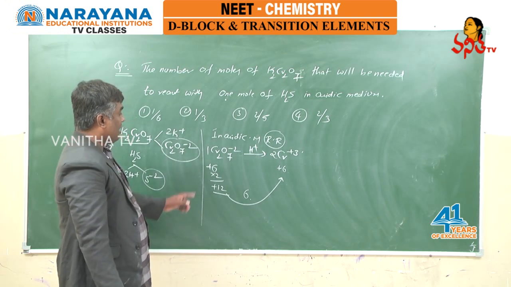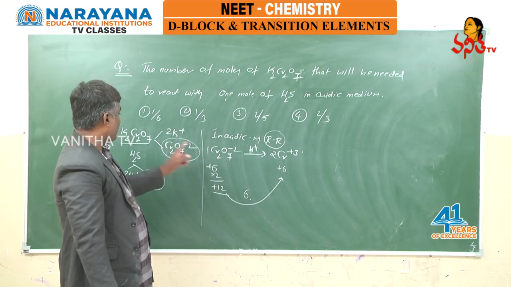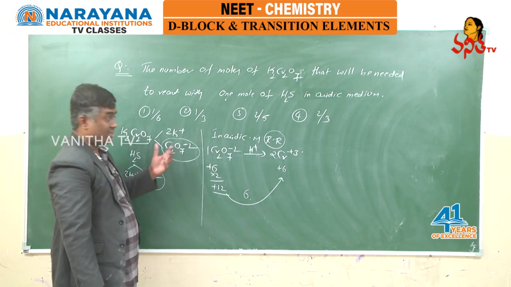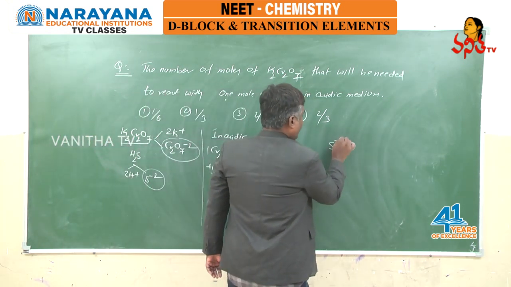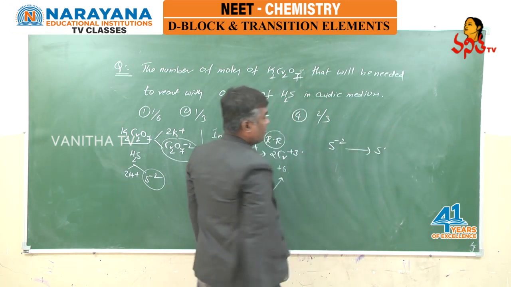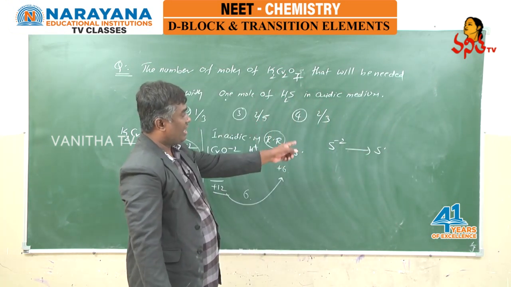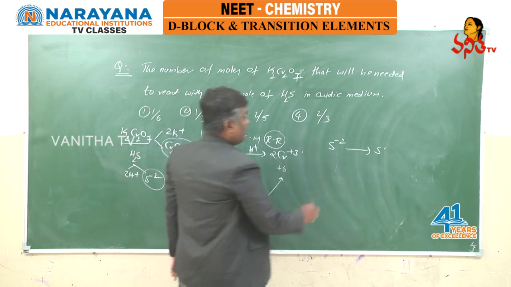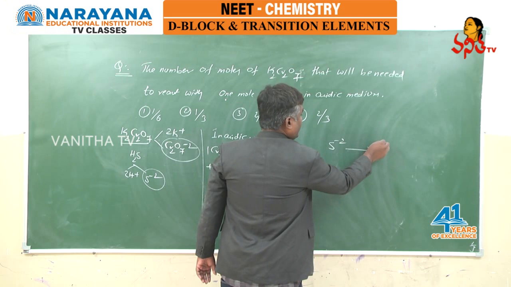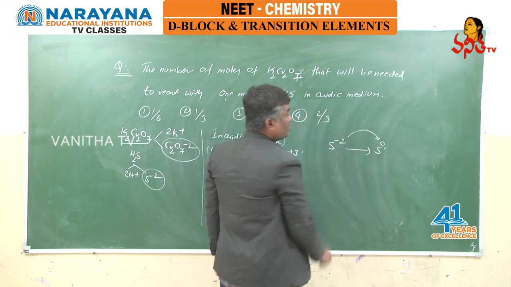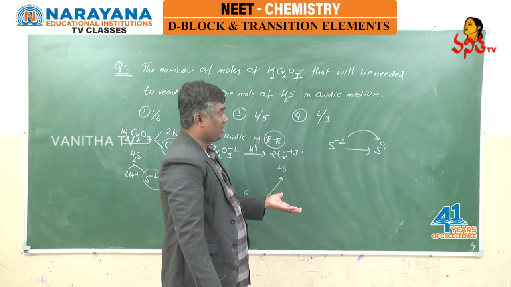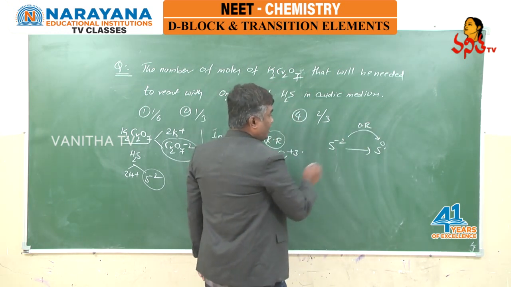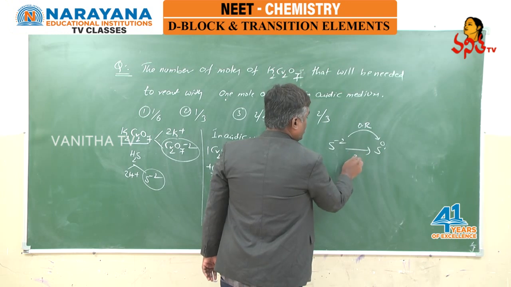At the same time, whether it is dichromate ion or potassium dichromate, sulfide ion will be oxidized to sulfur. Here −2 is becoming 0, meaning the oxidation number is increased, which is known as an oxidation reaction, and the change in the oxidation number is 2, students.